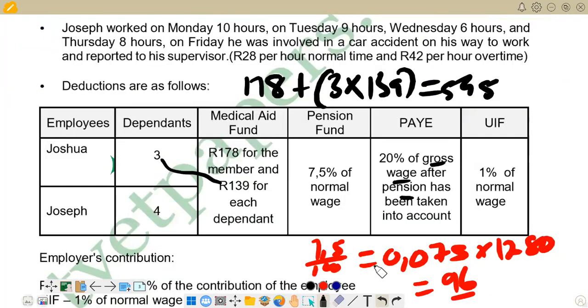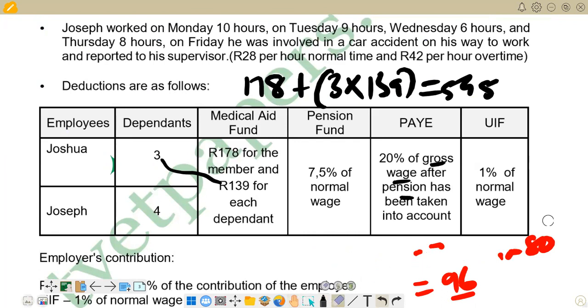So what are we saying there? Let's just create some space. We can maybe recheck the figures that we are using.